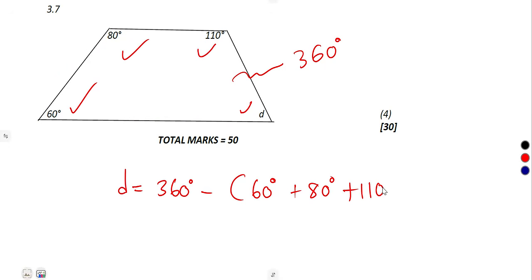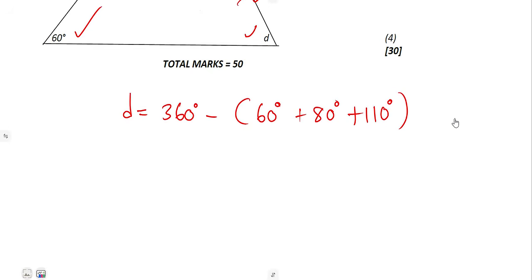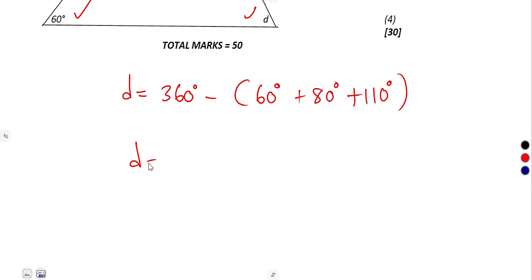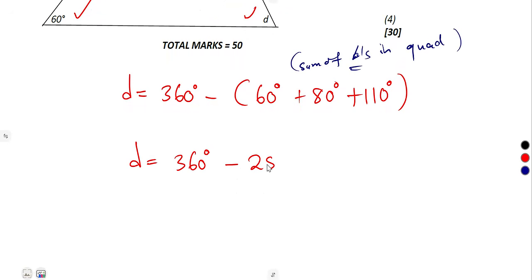The reason is the sum of angles in a quadrilateral adds up to 360 degrees. The sum gives us 250, and if we subtract from 360, that's 110 degrees. That is what we are getting there.